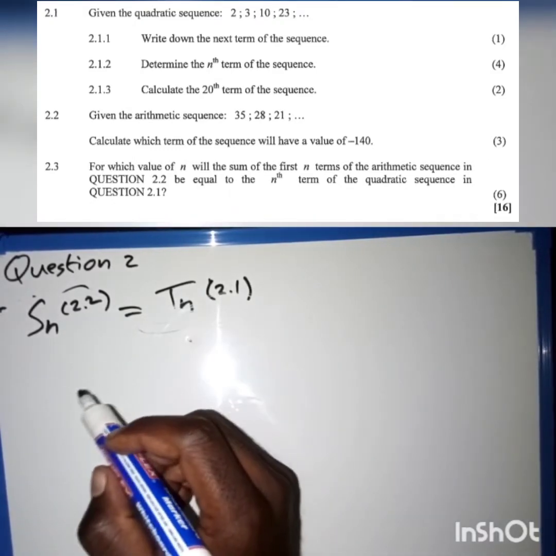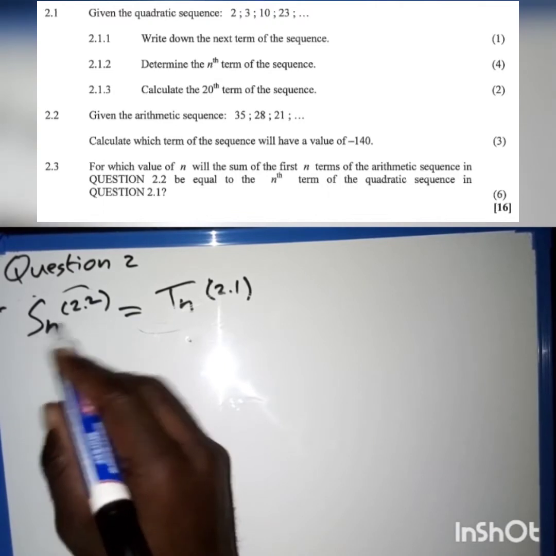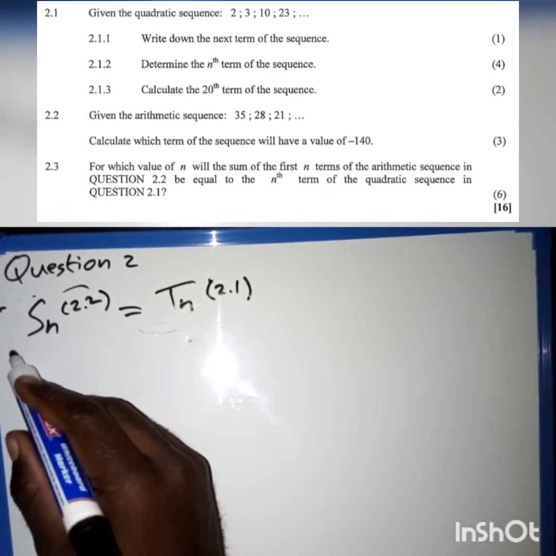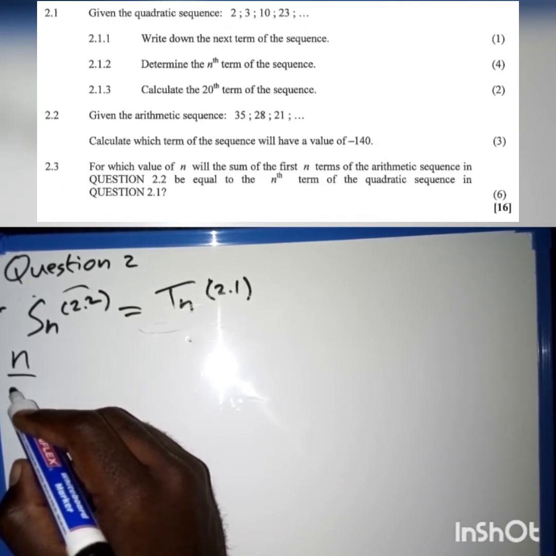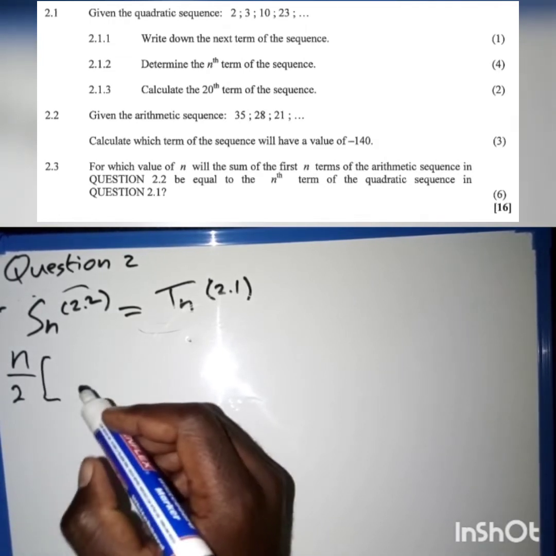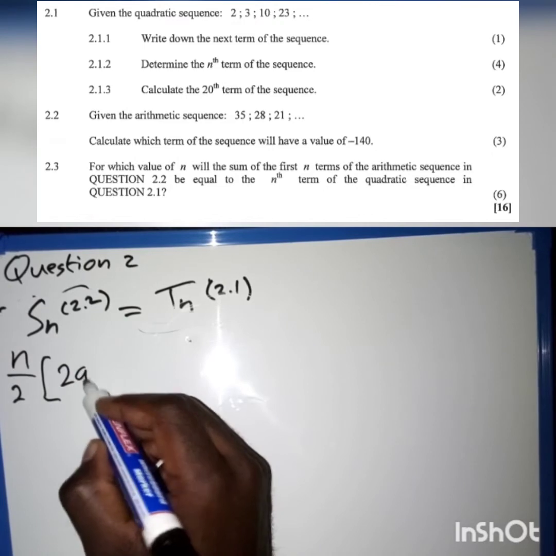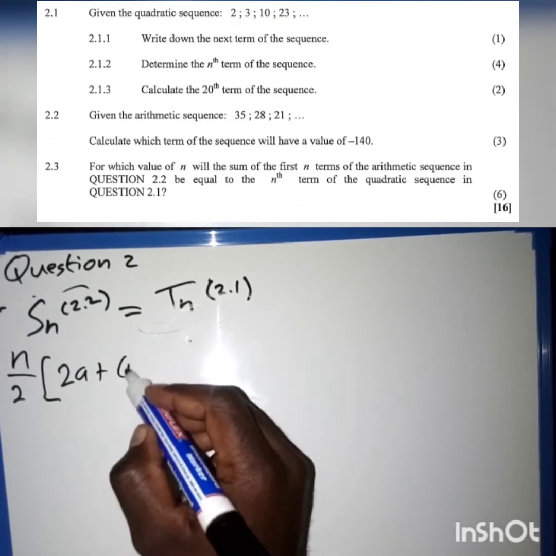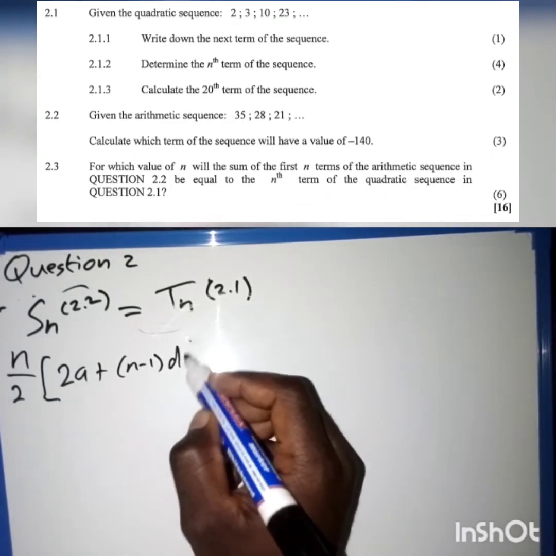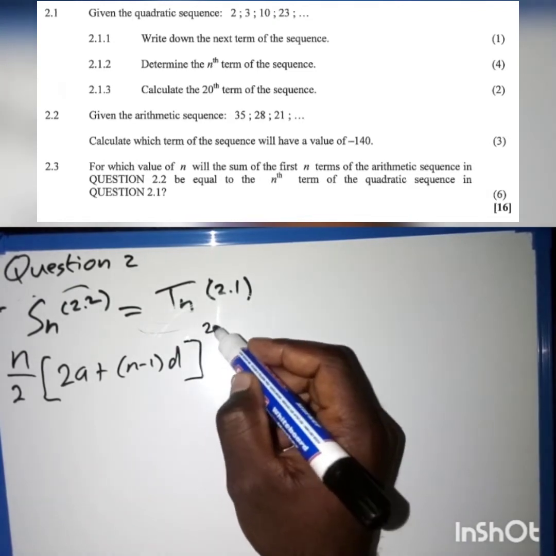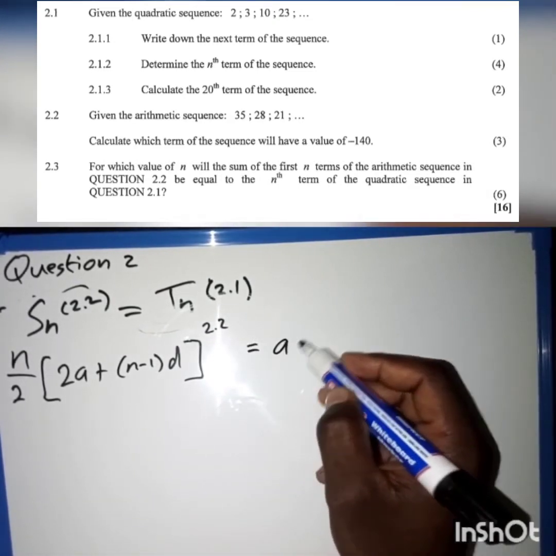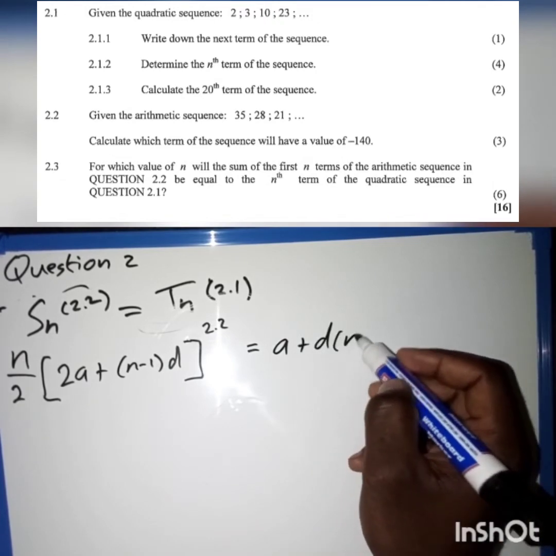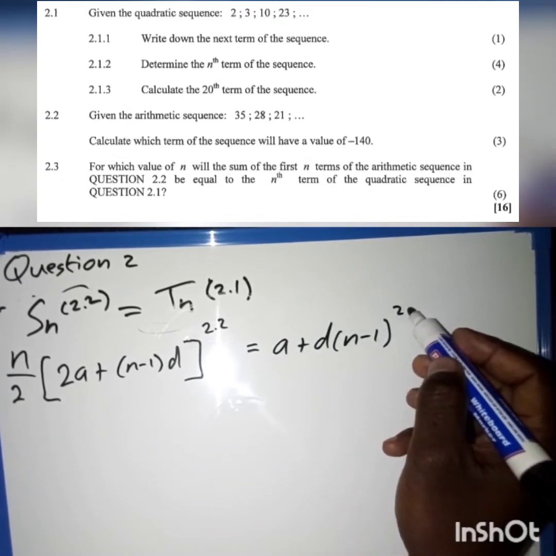So what I'll have to do then, I have to find my Sn for 2.2, the series form. So I'll have n over 2 times 2a plus n minus 1 d, and this is from 2.2, which will be equal to my Tn, which is from 2.1.